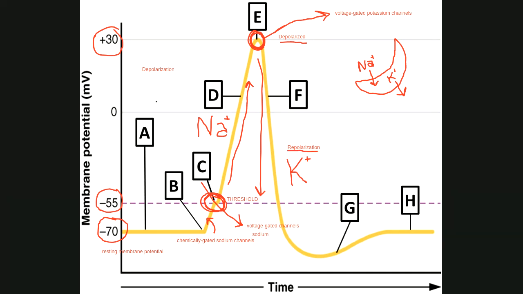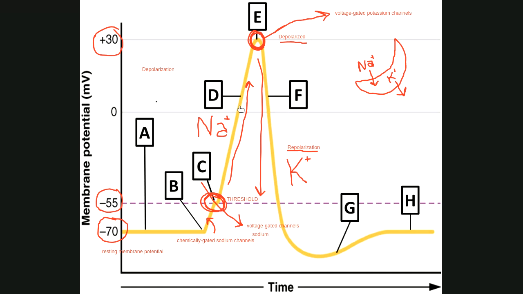So the entire time going down my graph over here, that is all going to be the work of voltage gated potassium channels. So they first open up here at positive 30. My voltage gated sodium channels first open up here at negative 55. And I will do some looking to confirm with your question, Jalen.